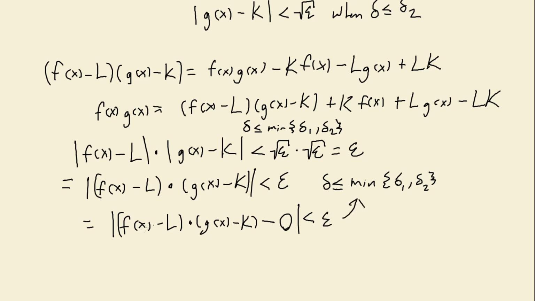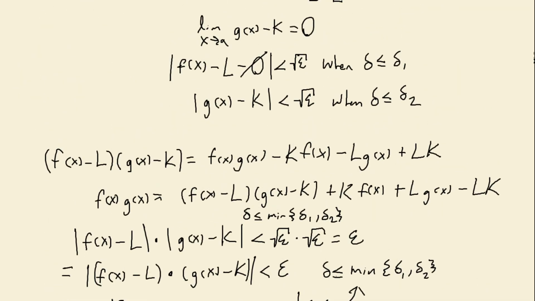And basically what we've done here is we've proven that the limit as x approaches a of f of x minus L times g of x minus k is equal to 0.